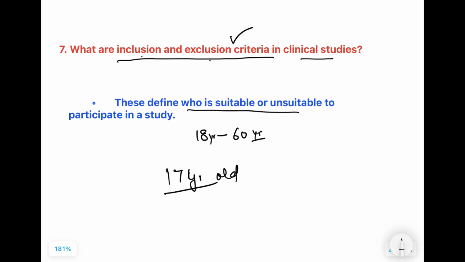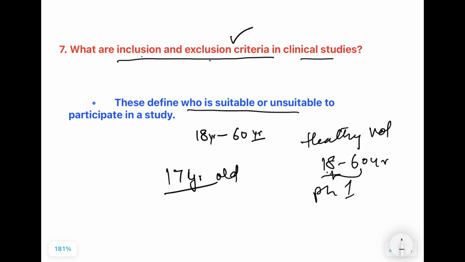Now there can be a medical test, there can be a lot of things. Suppose we wanted to do a trial on healthy volunteers between age 18 to 60 years, phase 1 trial. Now for this, who will be included? Anyone between this age 18 to 60 will take part in the study.